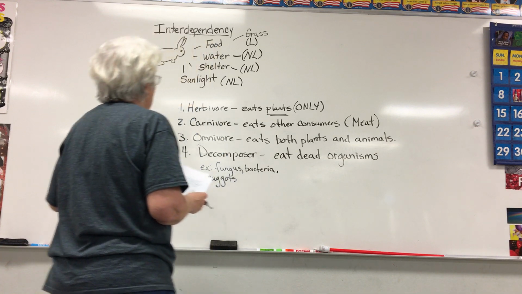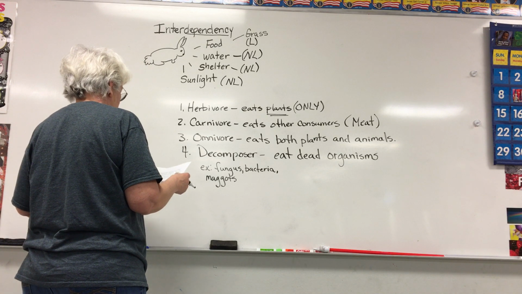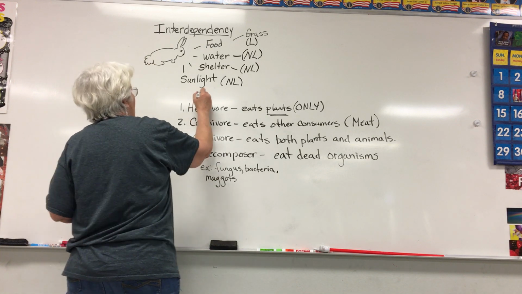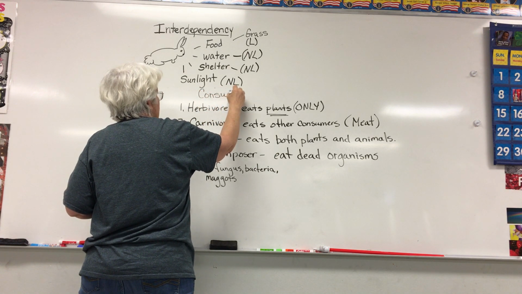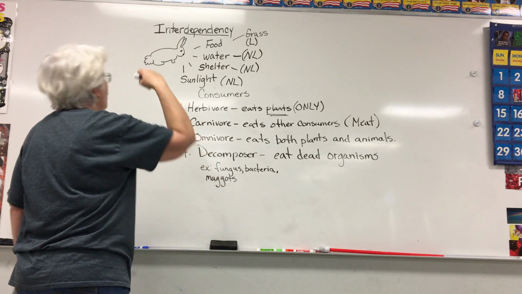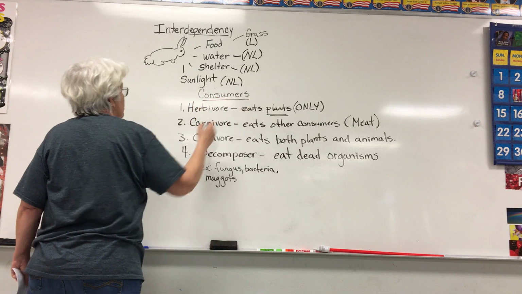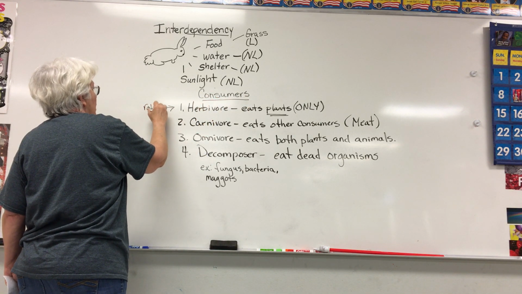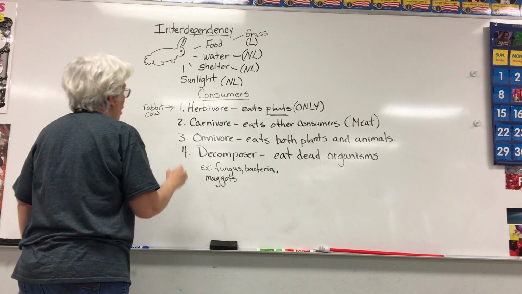Okay, so that's the 4 types of consumers. Okay, herbivores. So what is a rabbit? A rabbit is a consumer because he is a herbivore. So rabbits and cows and things like that.